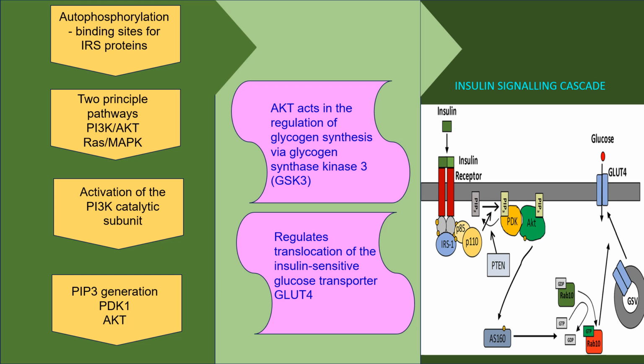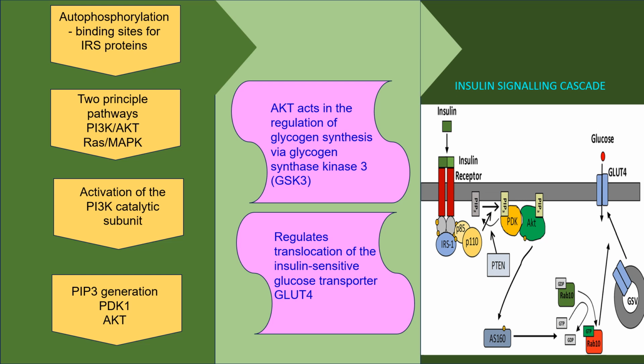PIP3 is an important second messenger that functions to recruit PDK1, that is phosphoinositide dependent protein kinase 1, and AKT to the membrane, where phosphorylation by PDK1 activates the serine threonine residues of AKT. From here, AKT plays a critical role in downstream processes.